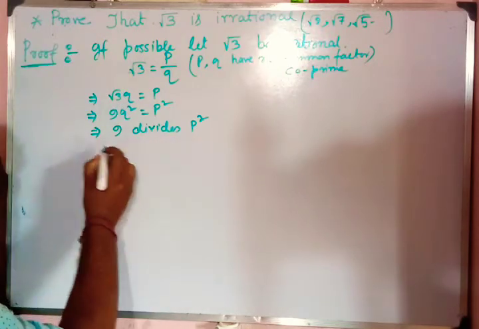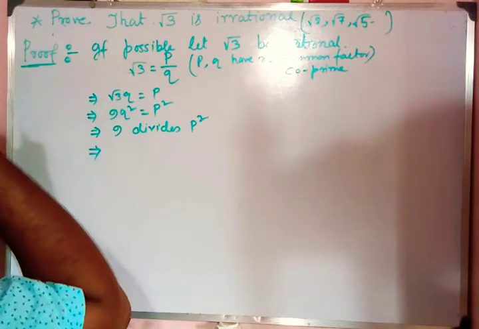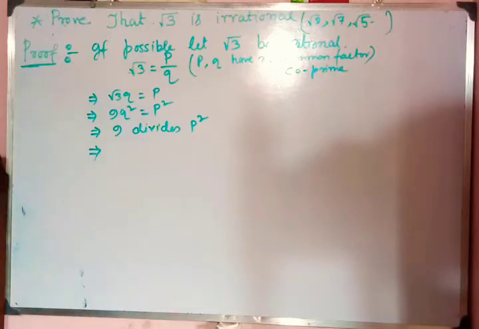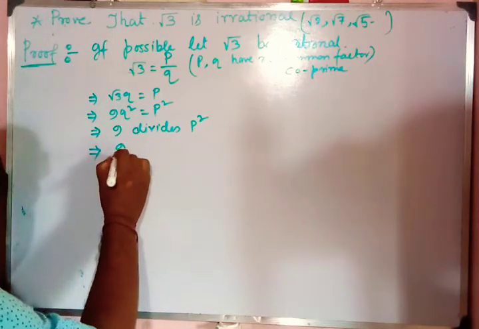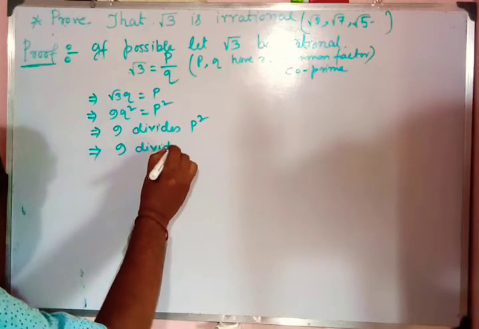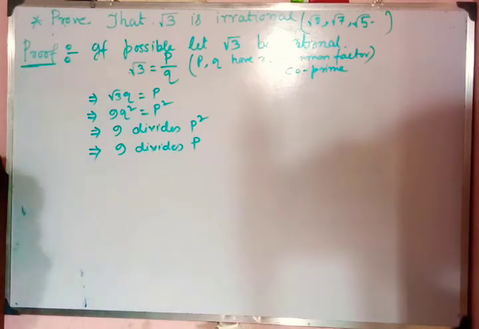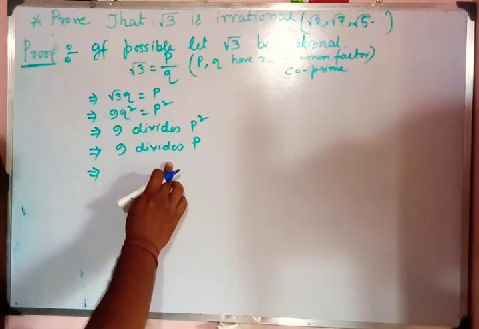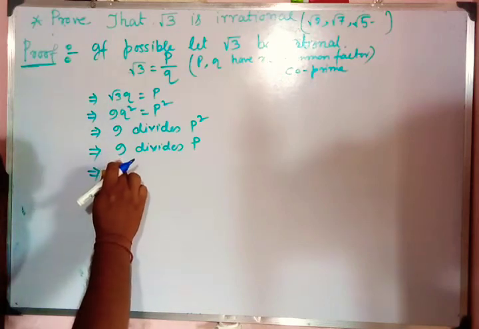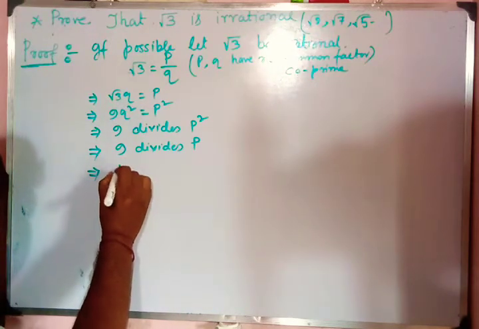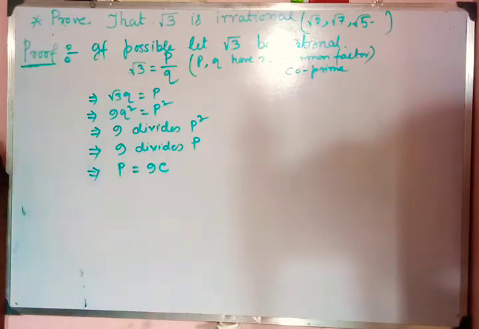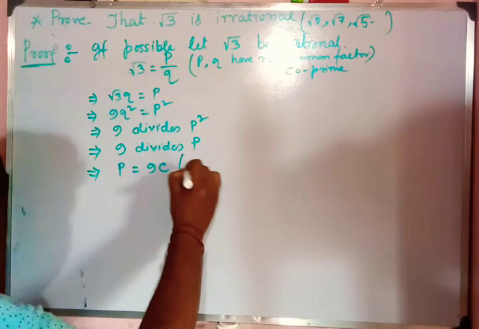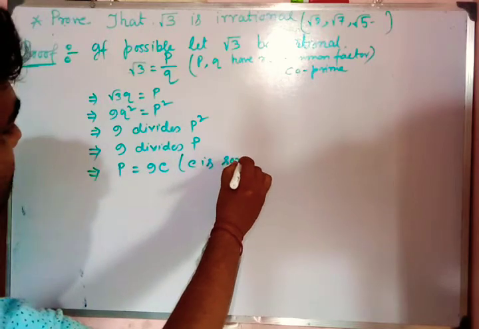Now since 3 divides P square, by theorem 1 that I have already proved, we are getting that 3 divides P also. Now if 3 divides P, that means we can represent P as a multiplication of 3 and another integer, that is P is equal to 3C, where C is some integer.